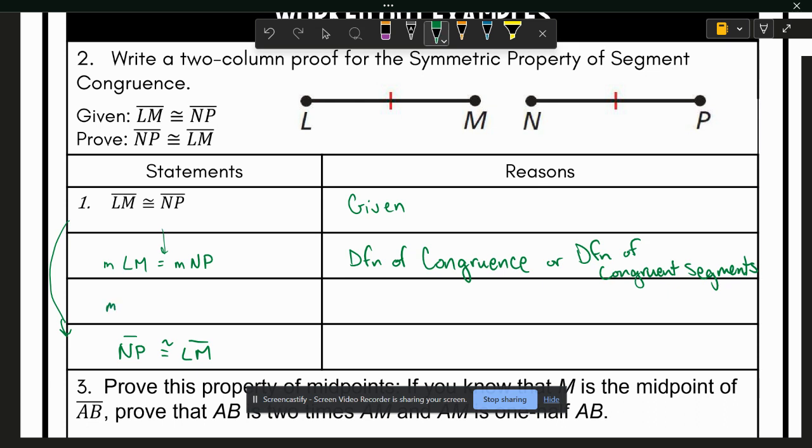So now I'm going to say that the measure of NP is equal to the measure of LM using the symmetric property of equality, or POE.